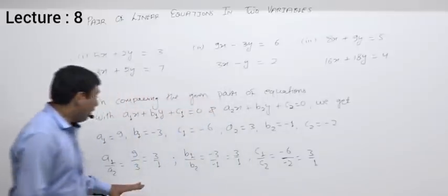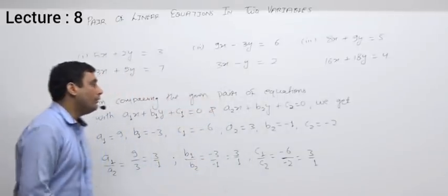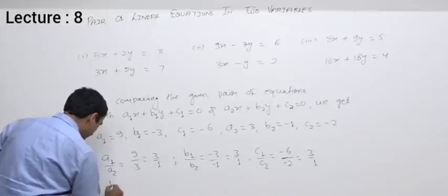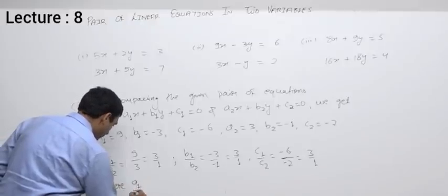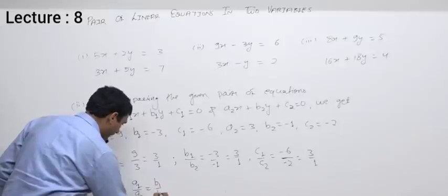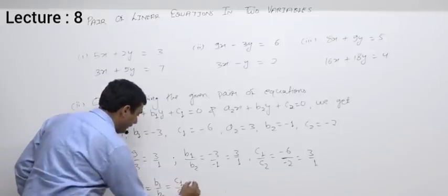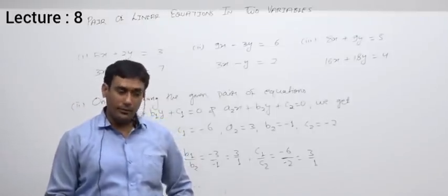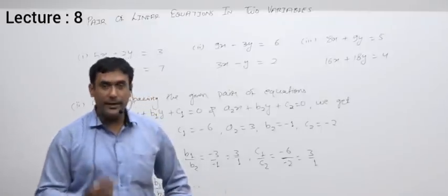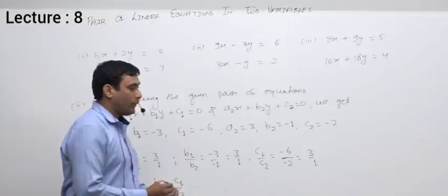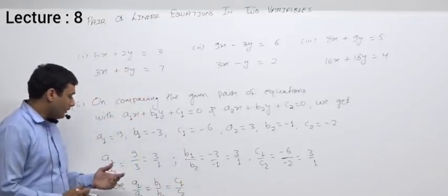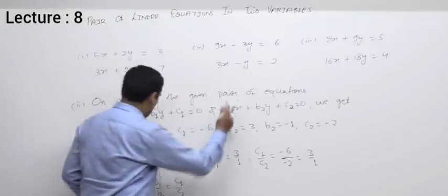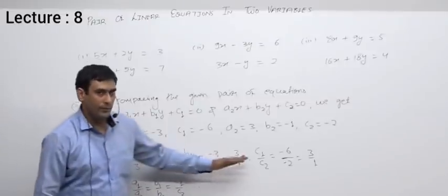So here all three ratios are equal: a1 upon a2 is equal to b1 upon b2 is equal to c1 upon c2. Therefore we can say we'll get coinciding lines or infinitely many solutions, or the given pair of equations is consistent, because we'll get a solution. It's consistent but dependent. Now see, here I compared the ratios a1 upon a2, b1 upon b2, c1 upon c2.